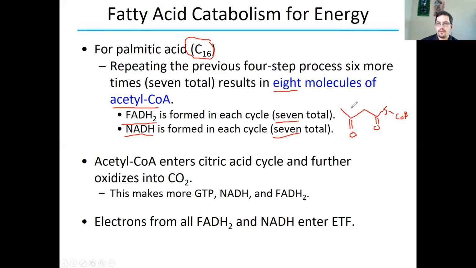When we cut this with our thiolase, we just get 2 units of acetyl-CoA, and then we don't have to continue our cycle. So we only need 7 cycles, and we get 2 acetyl-CoA in our final cycle.